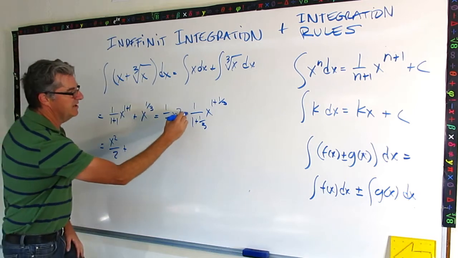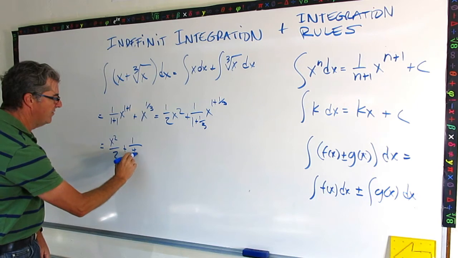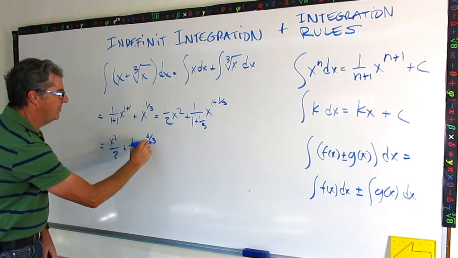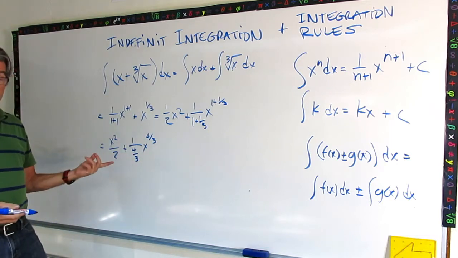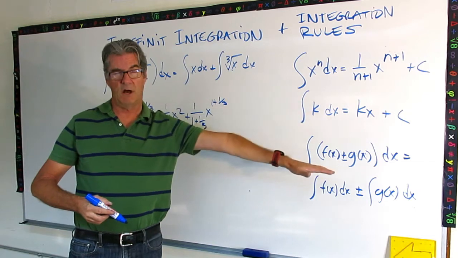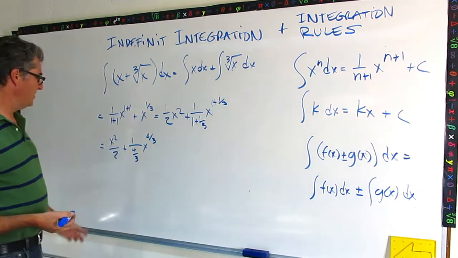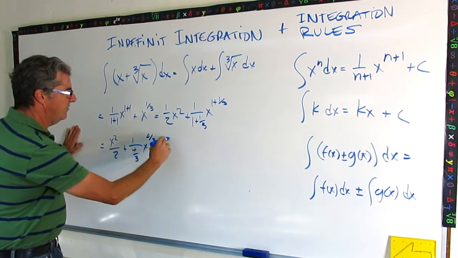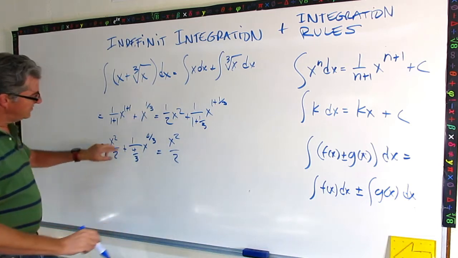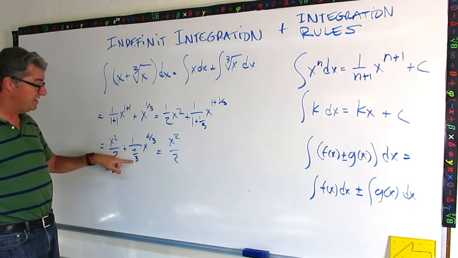Plus, there's a plus here. This is going to be 1 over 4/3 x to the 4/3 power. And this is where it's going to get a little tricky simplifying your exponents. If you recall those rules I put up on the right side of your screen in our last episode, those are the rules you need to evaluate this. So let's carry this forward. X squared over 2, that term stays the same. Okay, so 1 over 4/3 is the same as 1 times 3/4.